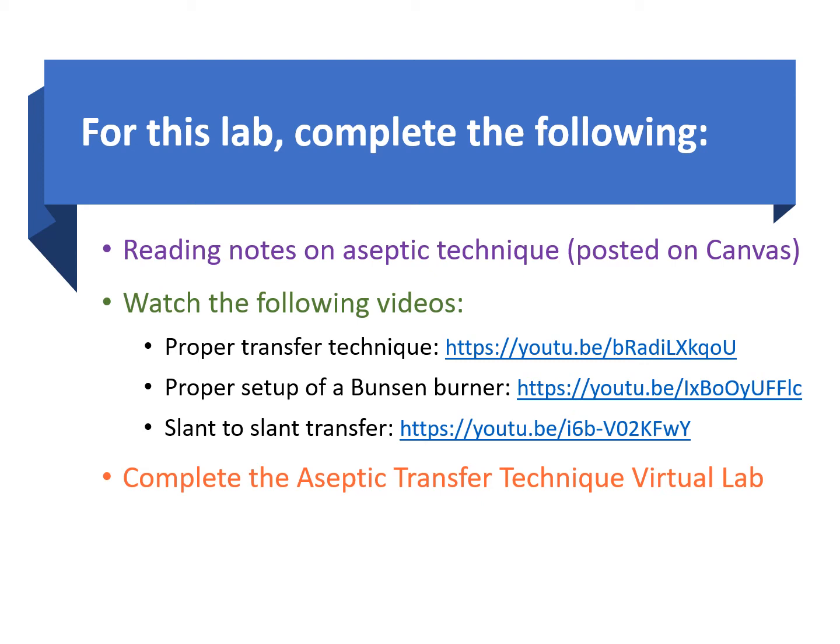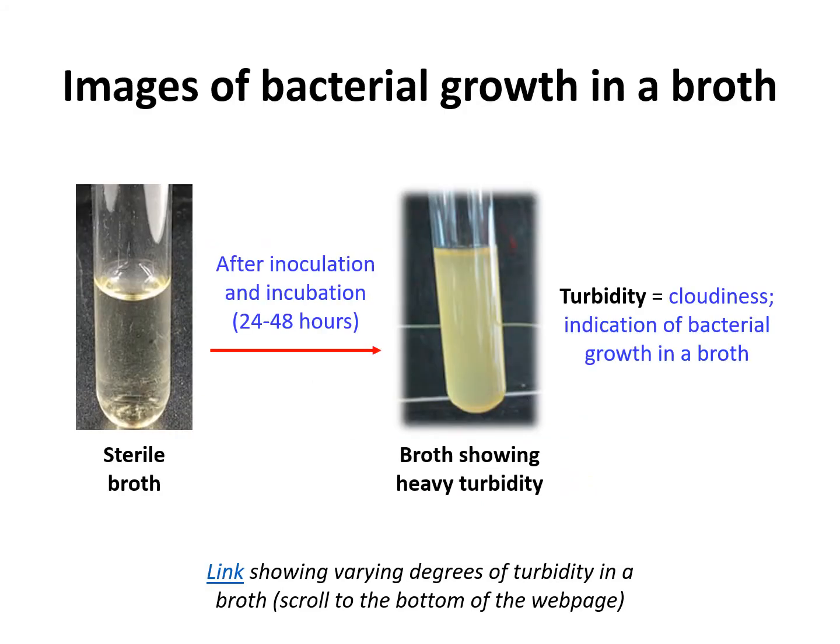It goes over that with images. There are also a bunch of helpful videos, so take a look at them as well. And of course, you have the virtual labs on Connect that will help you out as well.